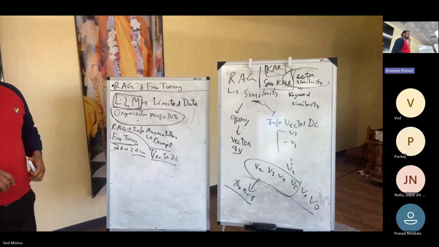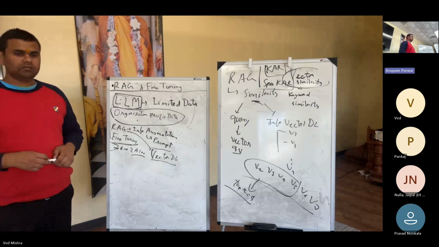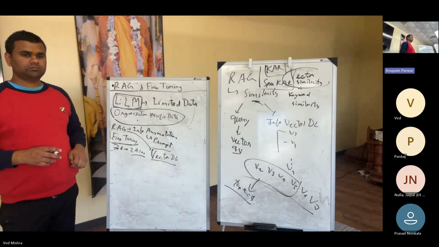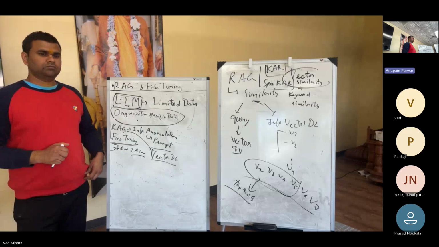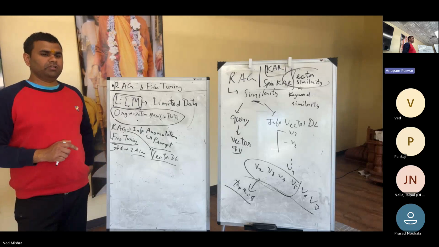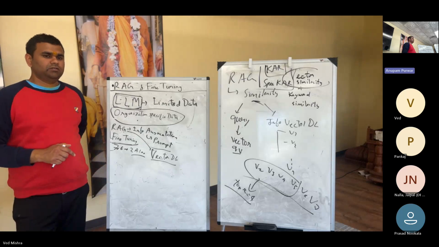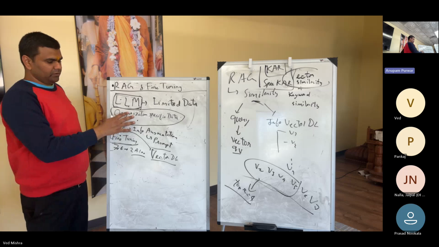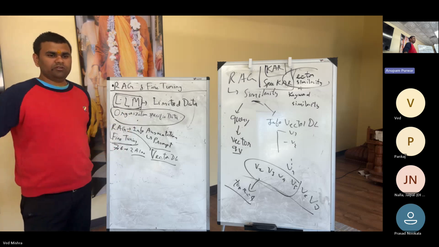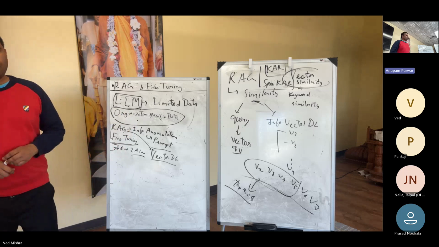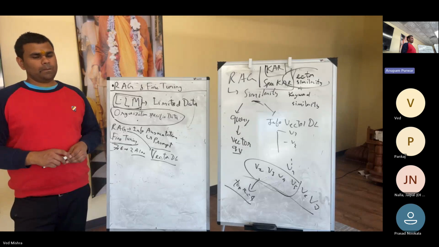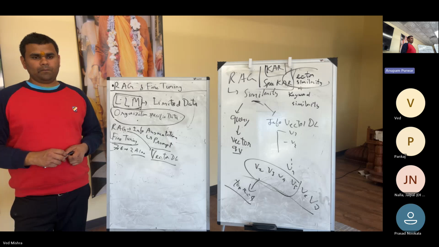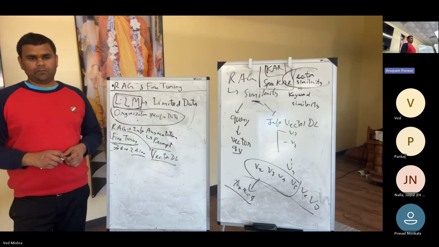Can you explain a little bit again? So we have RAG, where along with the prompt we pass the information. We are going to see that. The LLM is basically our large language model like ChatGPT or OpenAI, and RAG is when we give a prompt and along with that we upload a document.